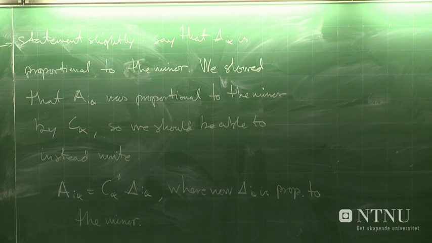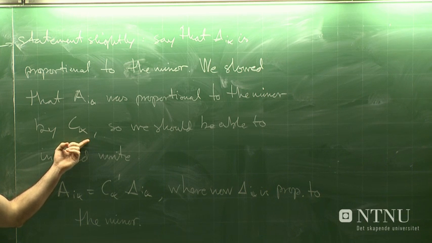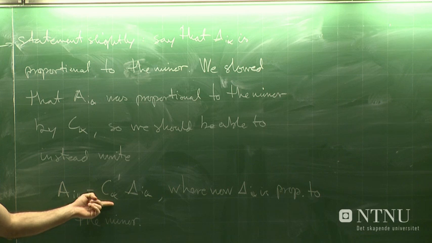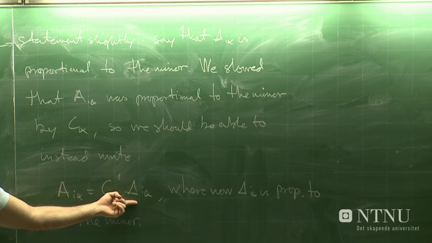so this is the punchline. We use that this coefficient A I alpha that determined this eta coordinate was proportional to the minor of the matrix by this coefficient C alpha. So let me then write this A coefficient in terms of a new complex coefficient C alpha, multiplied with delta I alpha, where delta I alpha is now proportional to the minor.